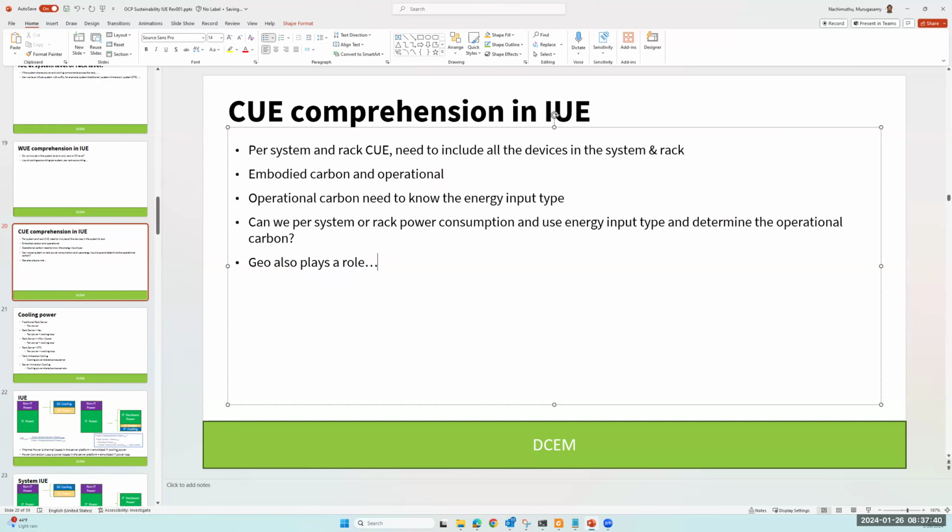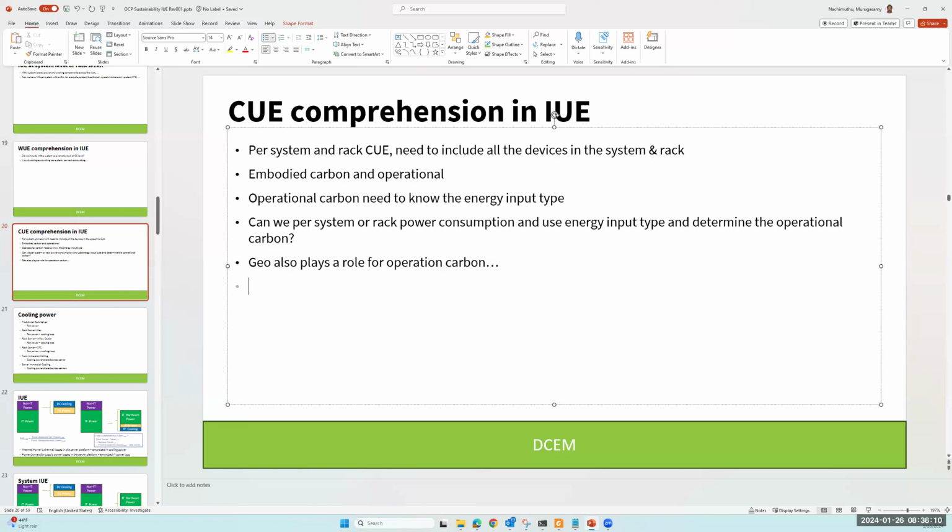I downloaded it from the energy site, and I'm using that as a pivot table for operational carbon. Because the costs will vary also, right? In Virginia it may be cheaper compared to Seattle or Oregon or somewhere else, or California.